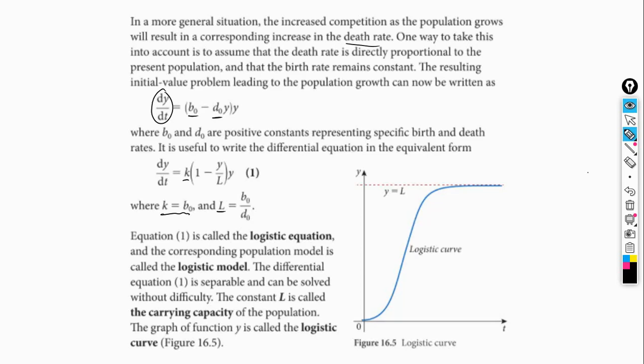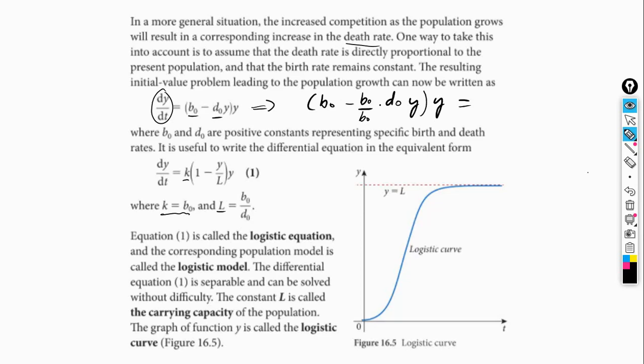So you might be wondering, where did this come from? Well, notice that we can rewrite this as b sub 0 minus b sub 0 over b sub 0 times d sub 0 times y, and that times y.